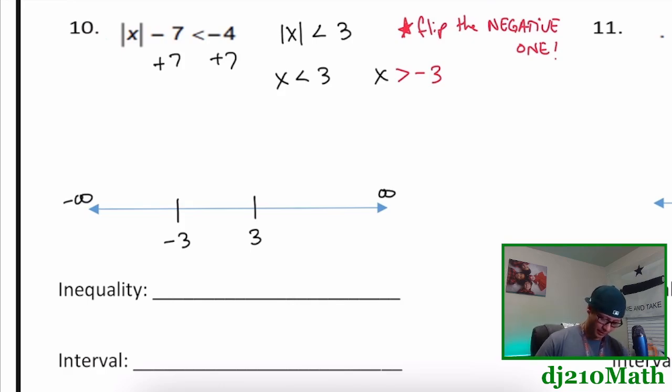All right, they get open circles because it's strictly less than. Right, these are open circles. And then x is less than 3, so to the left. And then x is greater than negative 3, so to the right.